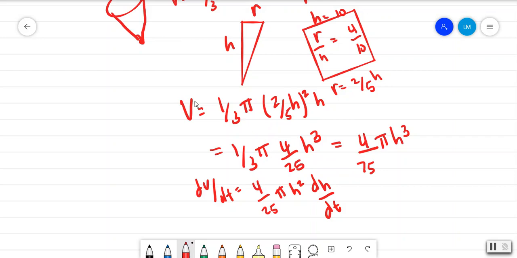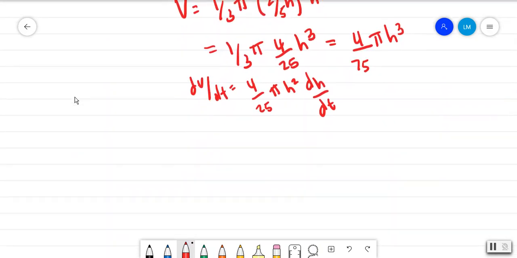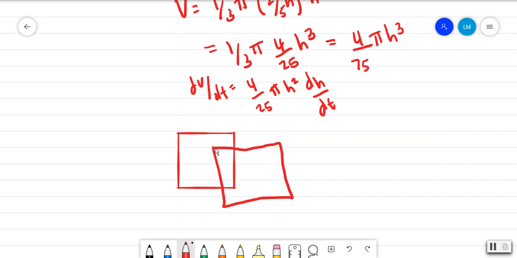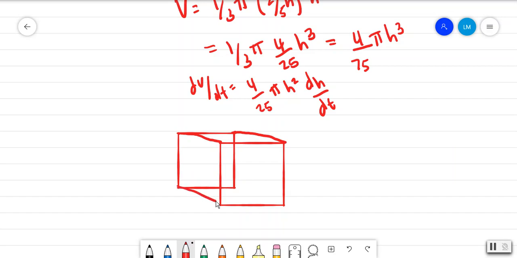Some of these are, to be honest, very easy, especially if you have something like a cube. You know that the volume of a cube is not x squared, but x cubed.